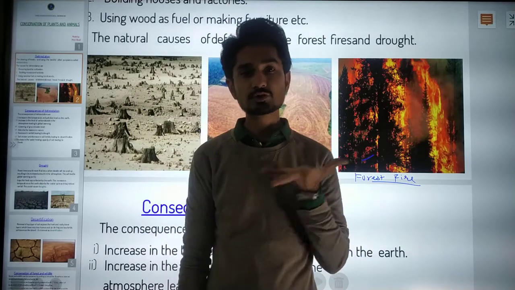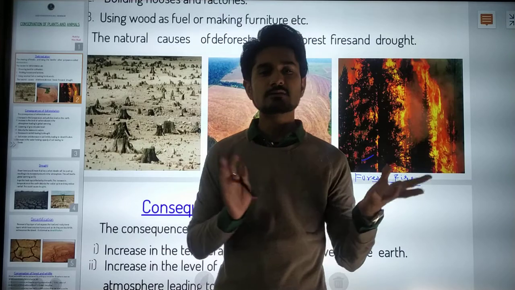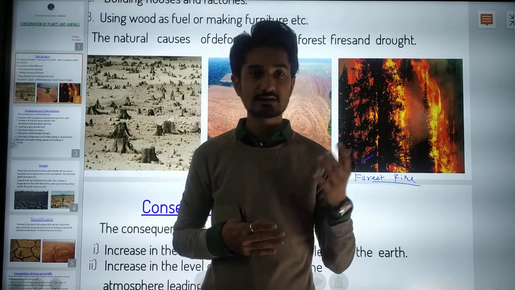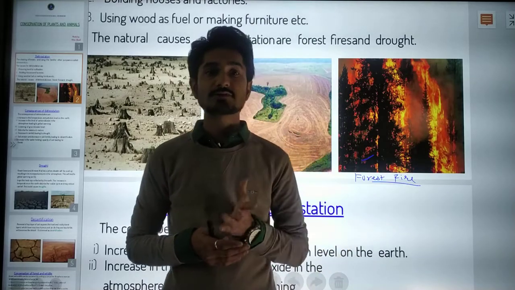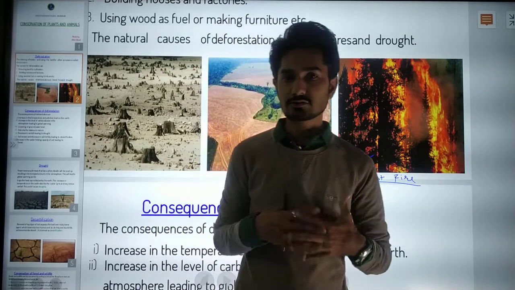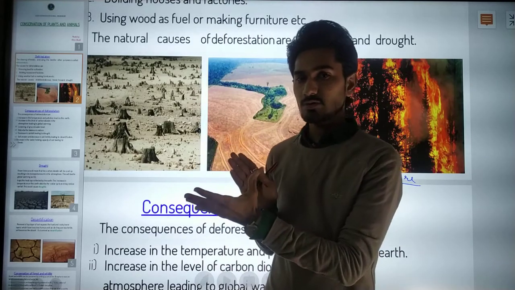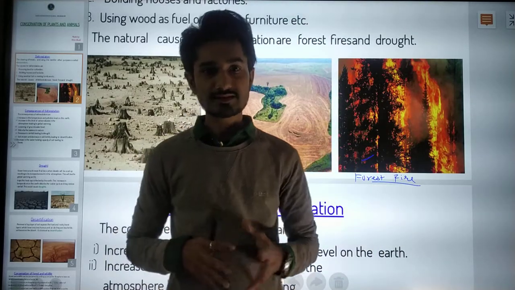This is called the bushfire. Due to that, I think 20% of the forest was harmed. You can search on Google that so much bushfire happened in Australia. Due to that, the forest vanished.